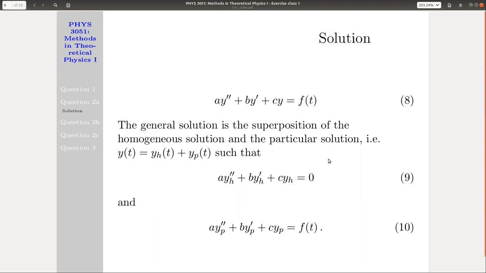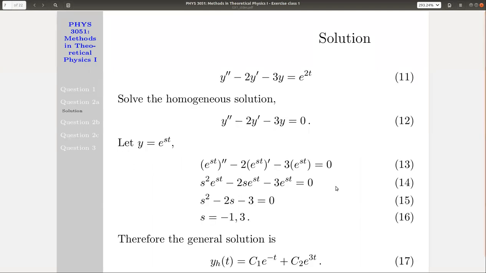The very first thing we need to do is to solve this homogeneous differential equation. We just do the same thing that we did in question 1. We plug in the trial solution e to the power st, and reduce the differential equation into a quadratic equation.